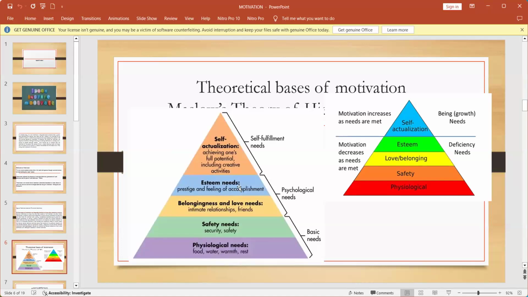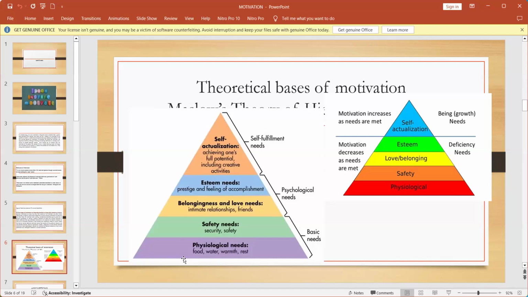If these lower levels are not fulfilled, your learners are not motivated to fulfill these esteem needs: to learn, to get certificates, to pass exams, and to be recognized for their achievements. They are not motivated for that if the bottom layers, the most important ones below, are not fulfilled. That is what he talks about.